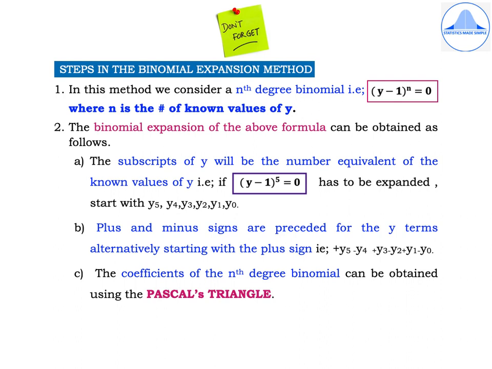So first, what should we do? If we have (y minus 1) to the power 5 equal to 0 and it has to be expanded, you start with y5, y4, y3, y2, y1, y0. So first we write the subscripts of y starting from 5 to 0.